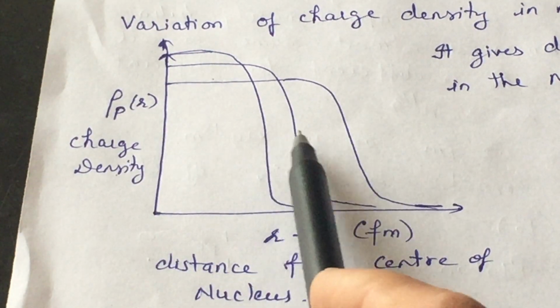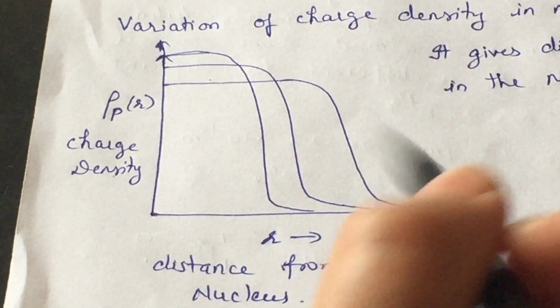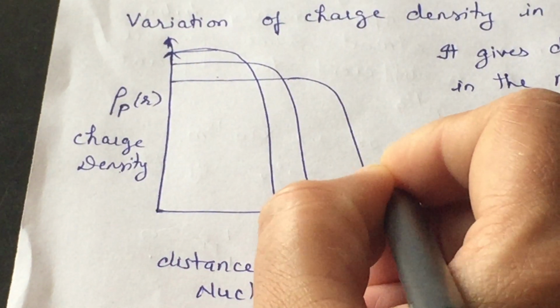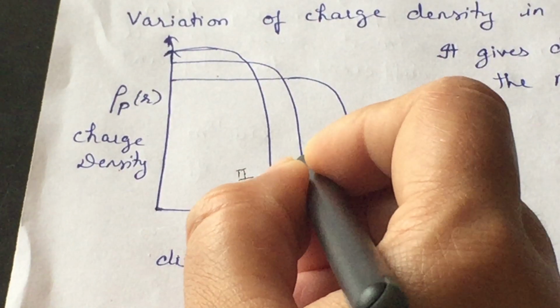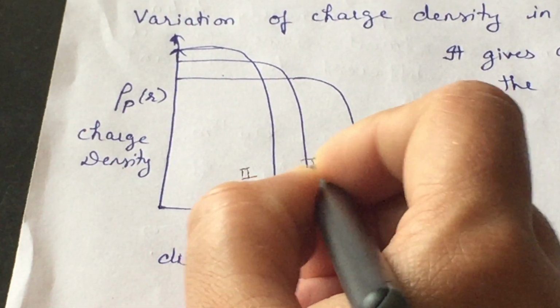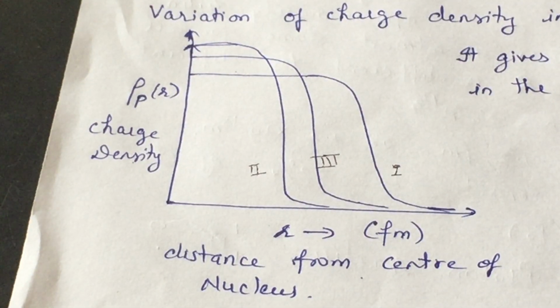Let us consider there are three nuclei: this is the heavy nucleus, this is the lighter nucleus, and this is a nucleus in between the heavy and the lighter one.